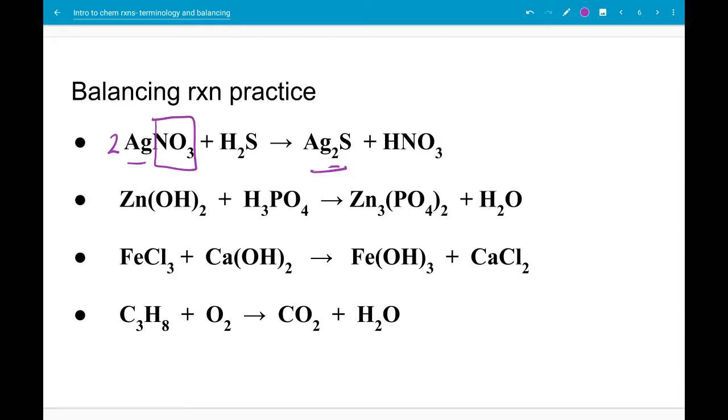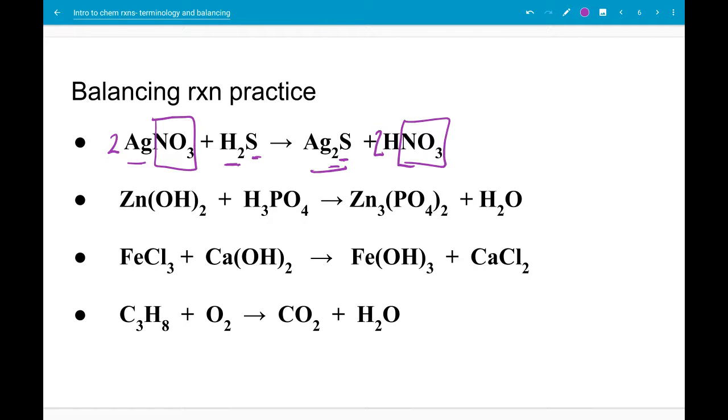Now I have a total of 2 NO3 groups. So I'm going to place that now on the right side. That balances my NO3s. That now gives me 2 H's. Now if I go over here, I have 2 H's, 1 S, 1 S. So I'm done. So that's how you do it. You just go back and forth, making sure you have the same number on both sides.